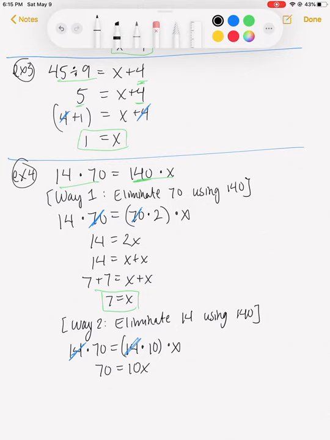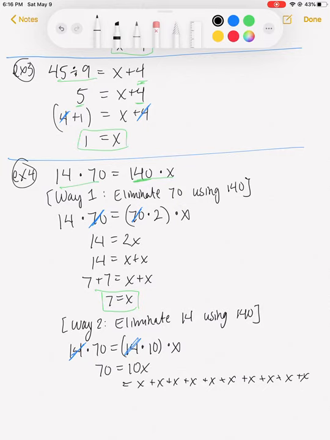So I need 10 numbers, because I want to have 10x's here. 1, 2, 3, 4, 5, 6, 7, 8, 9, 10. 10x is there, and I need that equal to split up.